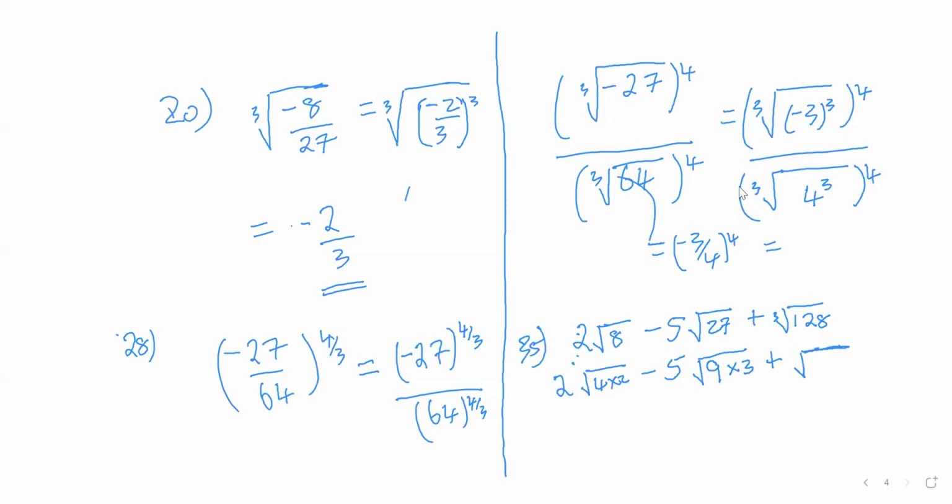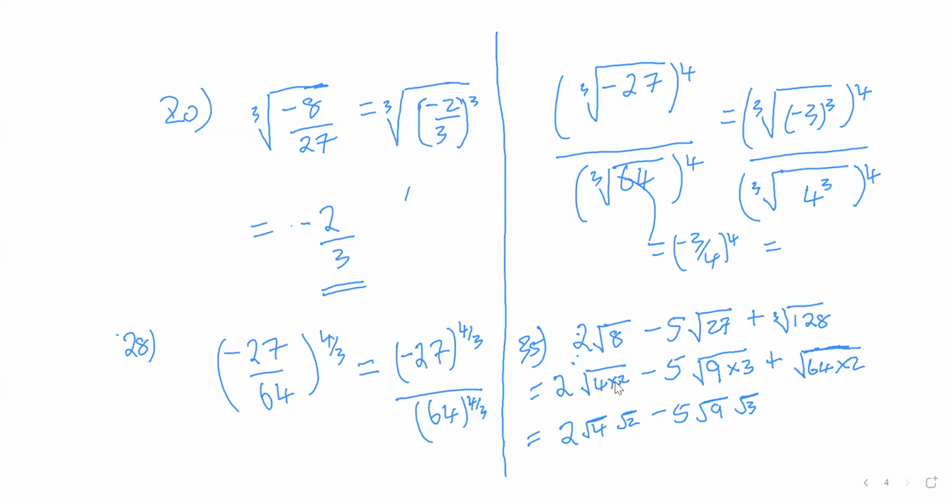But we can write it as the product of 64 and 2, where 64 is a perfect cube, because the cube root of 64 is 4. So then I move over and try to simplify these. So this becomes 2 times root 4 root 2 minus 5 root 9 root 3.